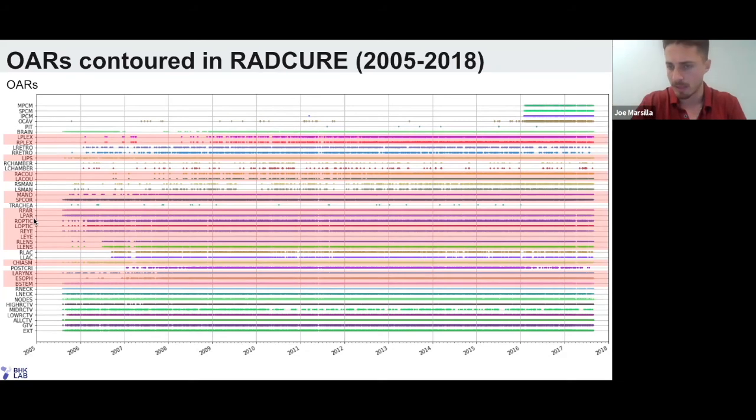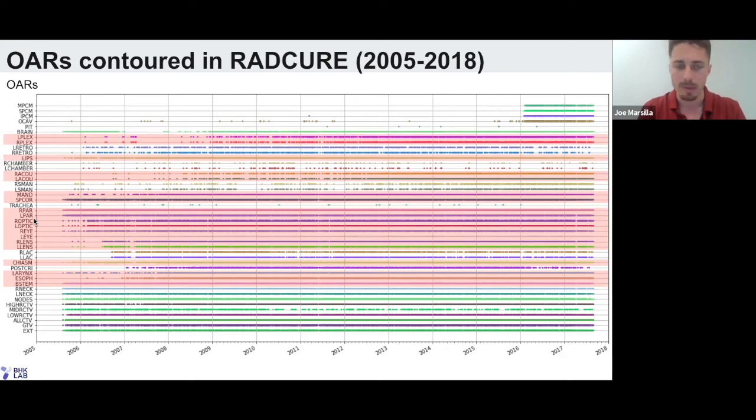I don't know if, Matea, did you send them that list of OARs? That has not been sent to them. That's something they can look up in the data set as they go through it. Right. I could tell Matea to send it, but basically in terms of what these OARs are, in the GitHub repo you'll be able to see a list of them, because I do have that list ready for you there.